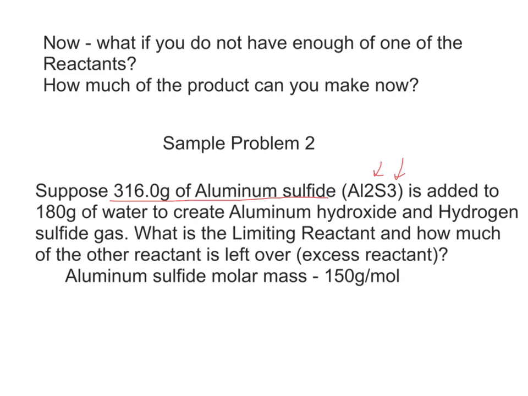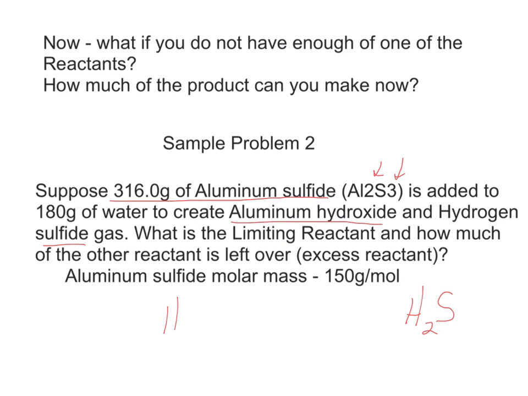So I've got 316 grams of aluminum sulfide, and I'm going to add it to 180 grams of water. I'm going to create aluminum hydroxide and hydrogen sulfide gas. So hydrogen sulfide gas has a formula that's going to look like, because sulfur has an oxidation number of 2, so that's going to be H2S.